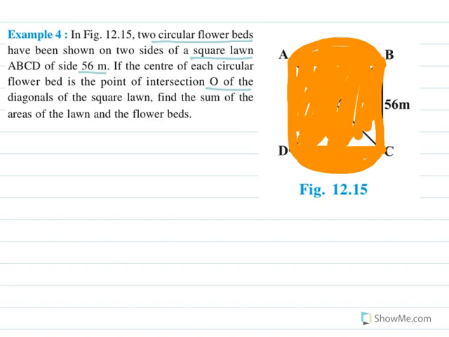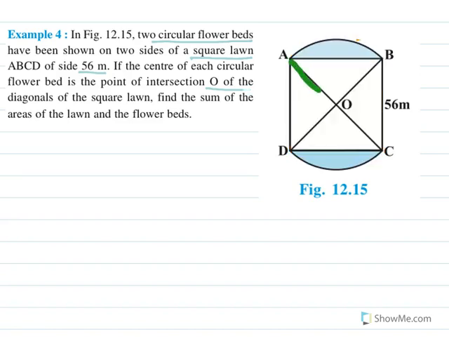To find the area of this entire lawn, we'll divide the figure into two parts, in fact 4 parts you can say. First, I will find the area of these two triangles, this triangle OAB, and then triangle OBC.